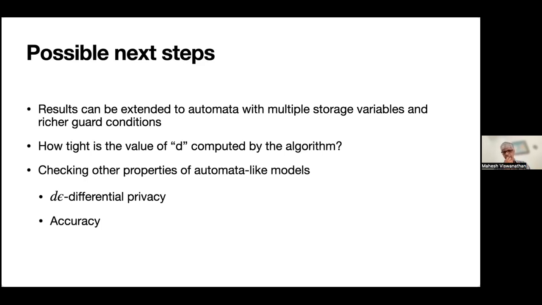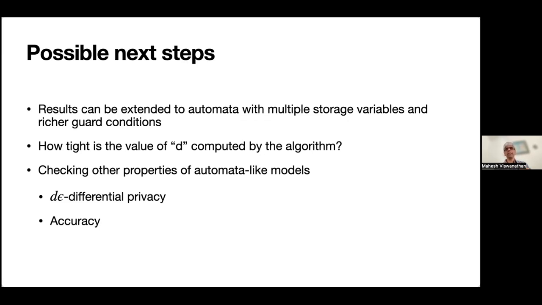The other thing I would like to mention is that we looked at this particular version of differential privacy where we are checking if there is a value of D so that the automaton is D differentially private. But you could also ask whether the automaton is D epsilon differentially private. That turns out to be a computationally very different problem. We don't know how to solve it even for the automata that we have, but it's worth looking at.